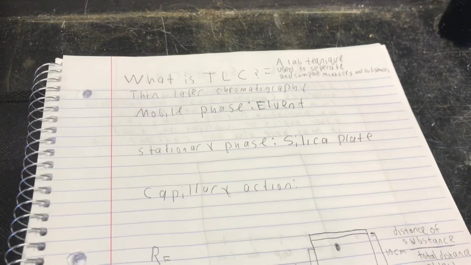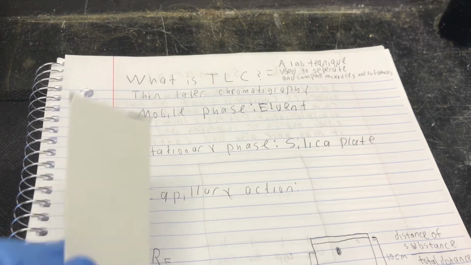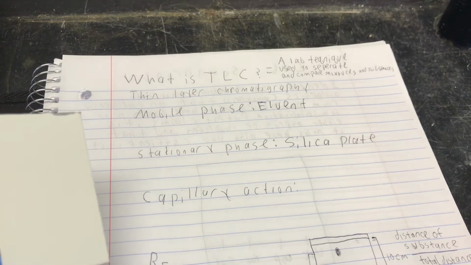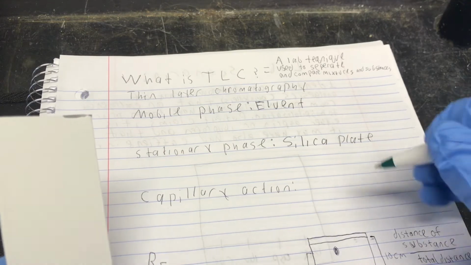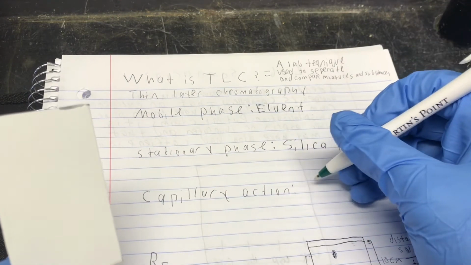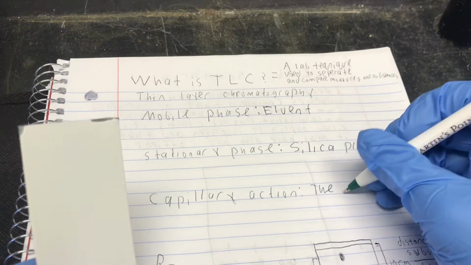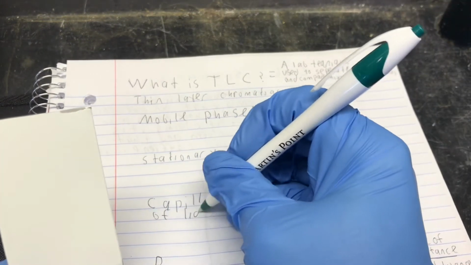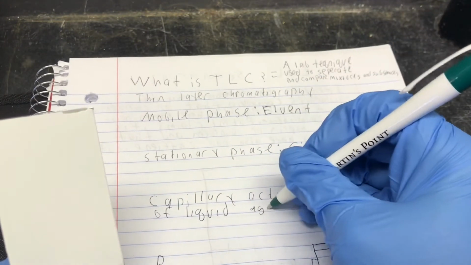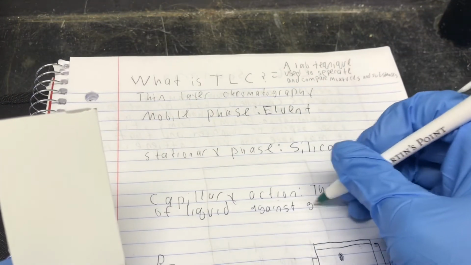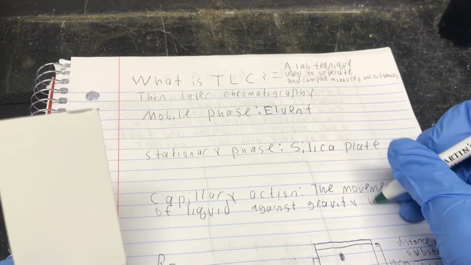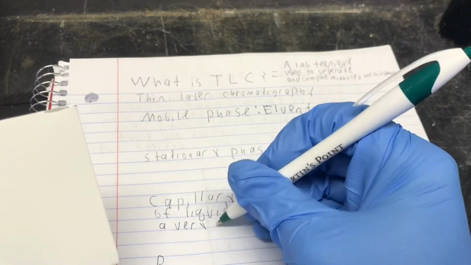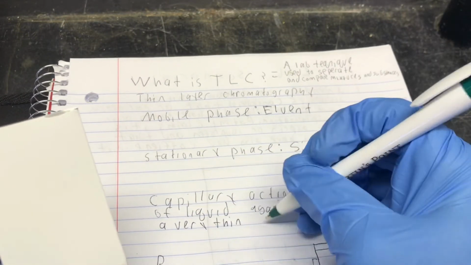Capillary action is another thing that you're going to have to know. That's the mechanism by which the eluent and the substance that you're testing move up the plate. Capillary action is the movement of liquid against gravity up a very thin tube.